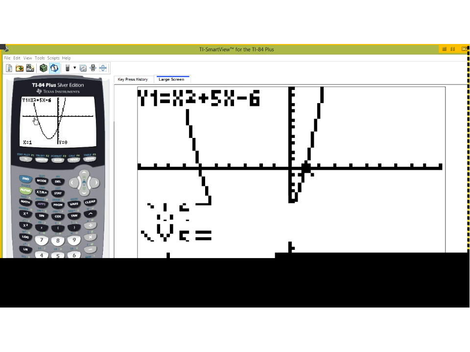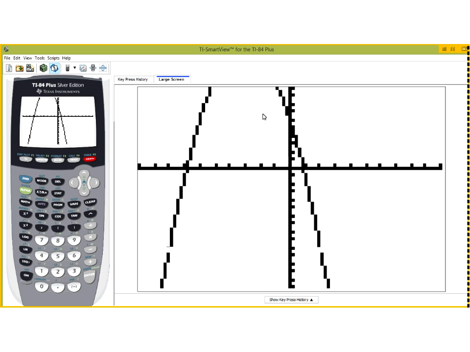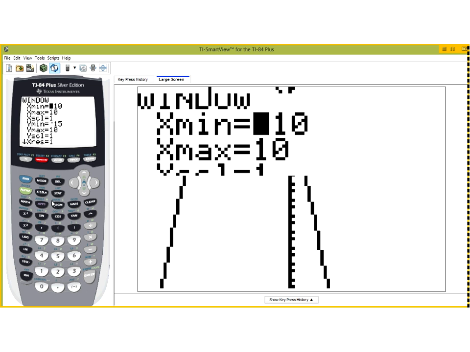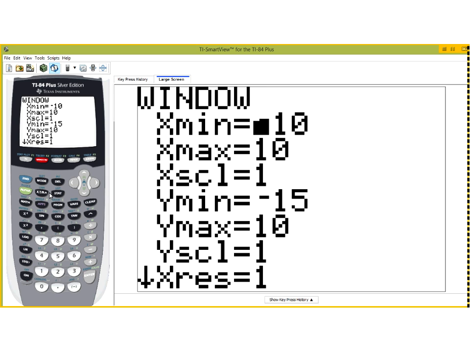And, okay, so I'm missing part of it. So I need to increase my window, but how much do I need to increase it? So if I look at my vertex, see my vertex is at minus 3, 15. So I need my y maximum to be at least 15. So we're going to do 20, not 200.